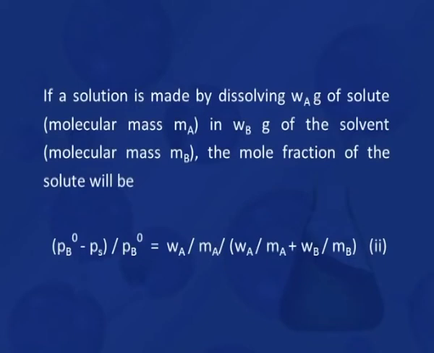Then relative lowering of vapor pressure will be equal to the mole fraction of solute, and we get the expression (P naught B minus Ps) upon P naught B equal to (Wa upon Ma) upon (Wa upon Ma plus Wb upon Mb).